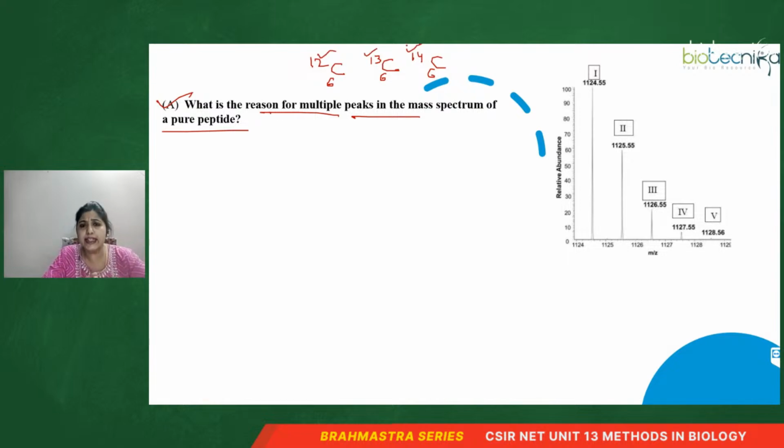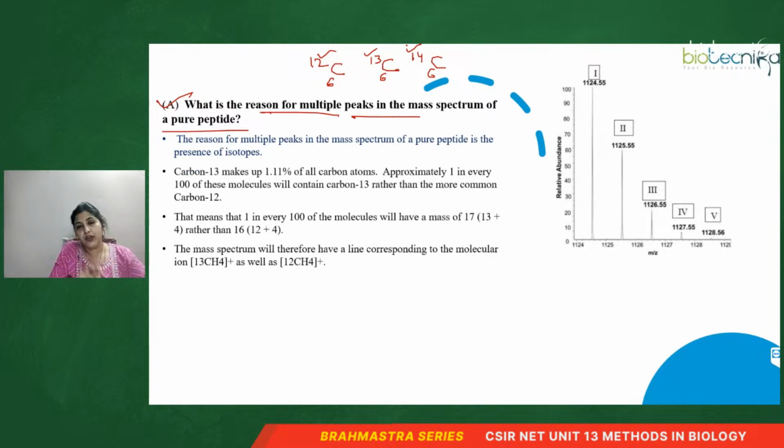To be more precise, they have different numbers of neutrons. So the reason for multiple peaks is related to the presence of isotopes. Carbon-12 and carbon-13 are stable isotopes of carbon, while carbon-14 is radioactive. Carbon-13 makes up 1.11% of all carbon atoms.